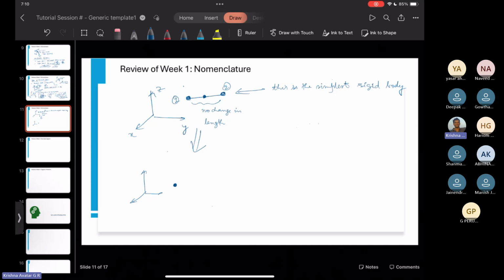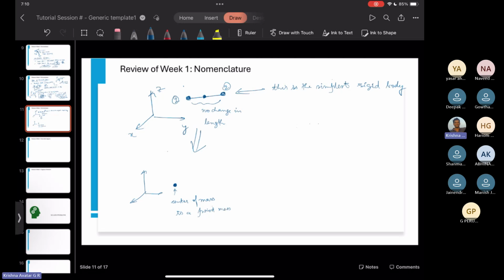So what we can do is the entire mass of these two bodies can be said to be concentrated here. And this is also called the center of mass. I hope you recall it from class 11. So this is the center of mass. Now the center of mass is a point mass.